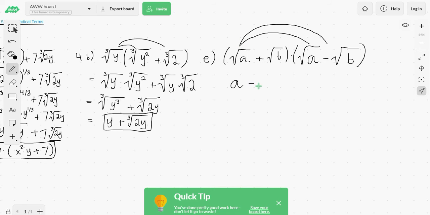Then you're going to get minus root ab from that multiplication here, and then plus root ab, minus the square root, or sorry, minus b. Notice those two cancel out, and you're just left with a minus b.